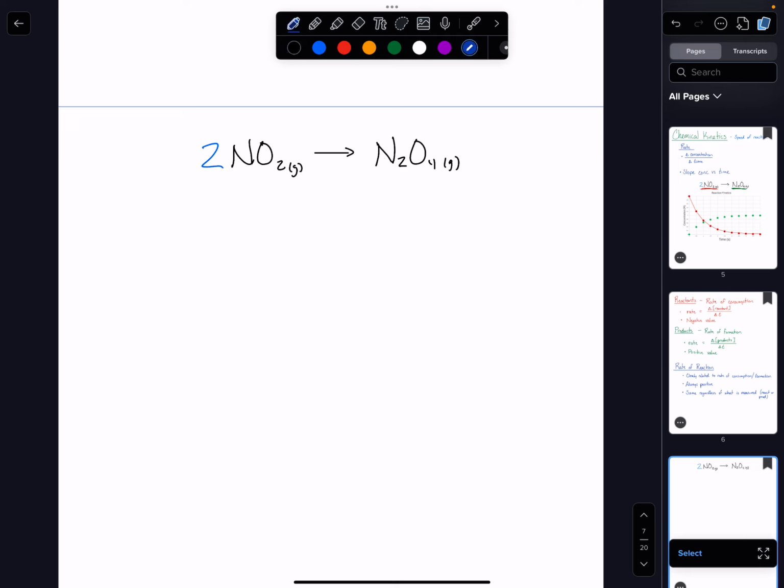Okay, if we want our reaction rate, all right, we want to be able to find that using that rate of consumption or that rate of formation. Right? Regardless of which one of these we measure, we should be able to get the same reaction rate here.